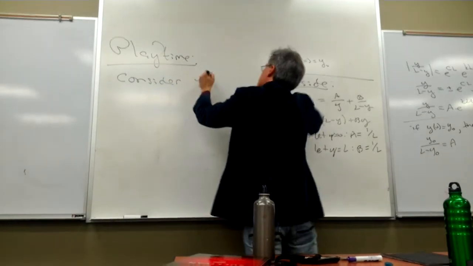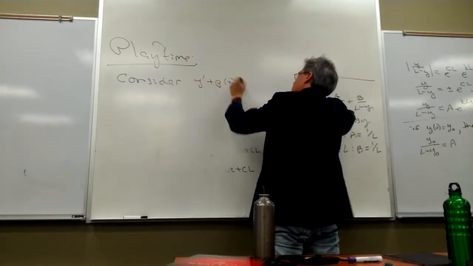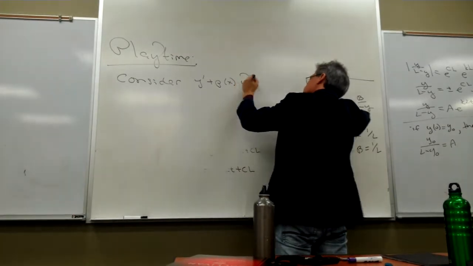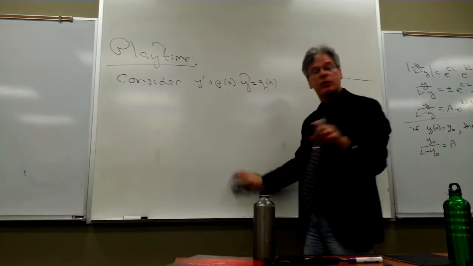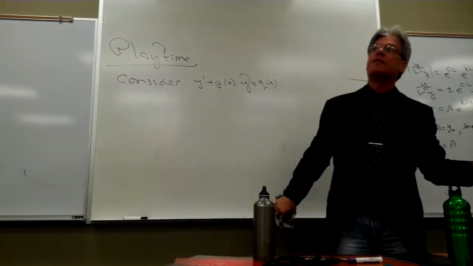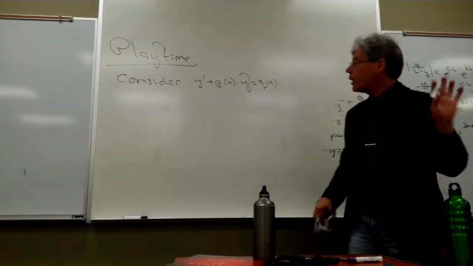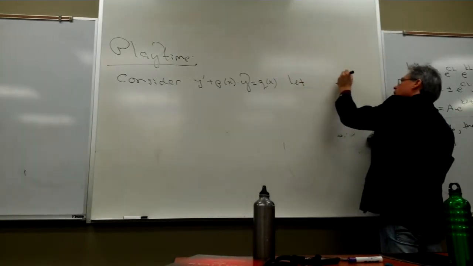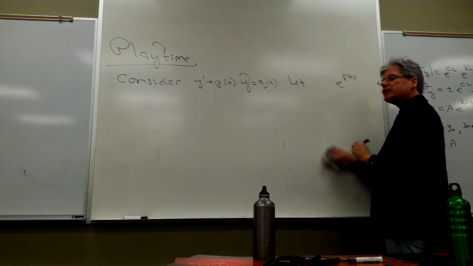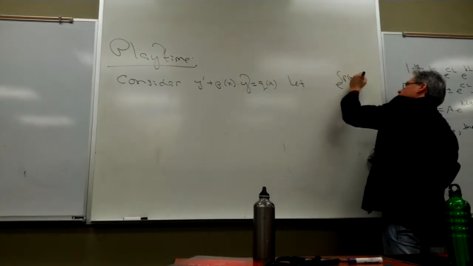So I want to consider a DE like the one I just put on the board. And I want you guys, even though you might not see why for the next 60 seconds, I want you to consider e raised to the integral of p of x with respect to x.